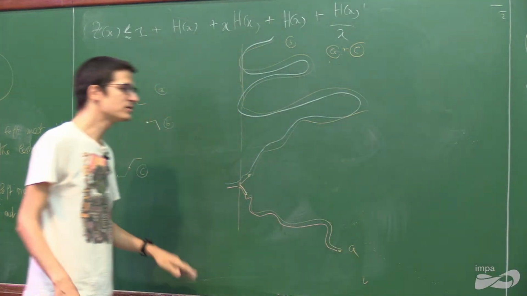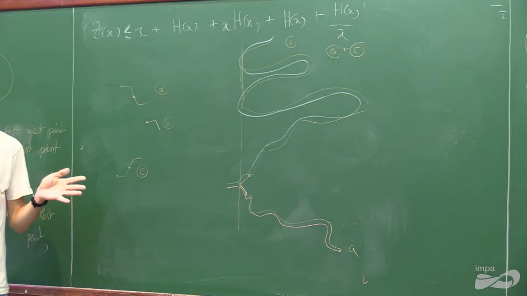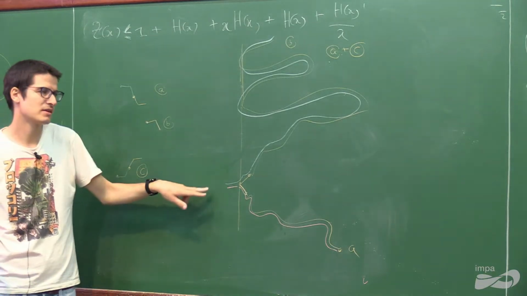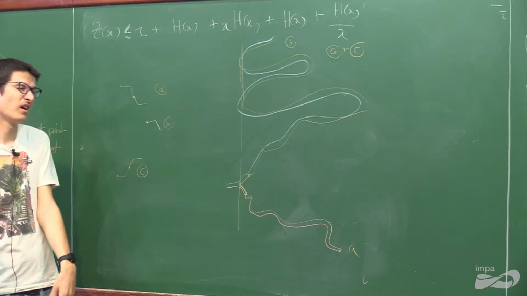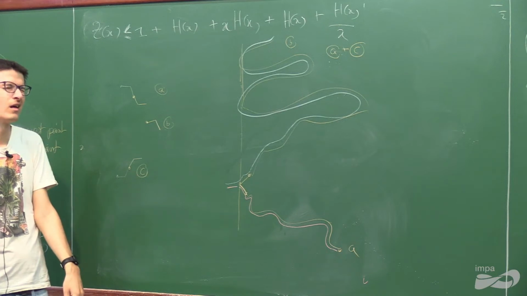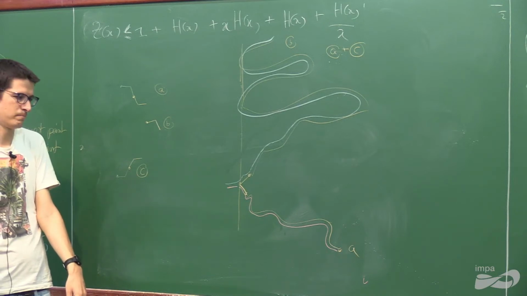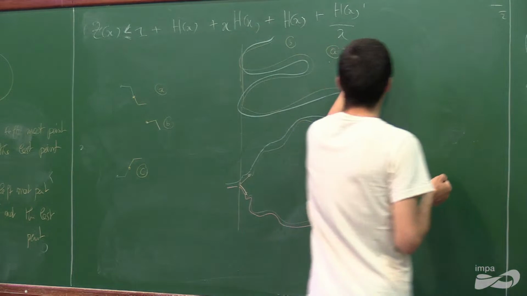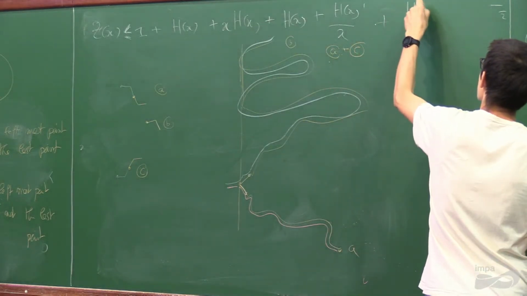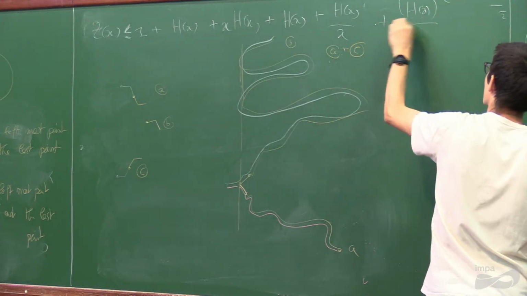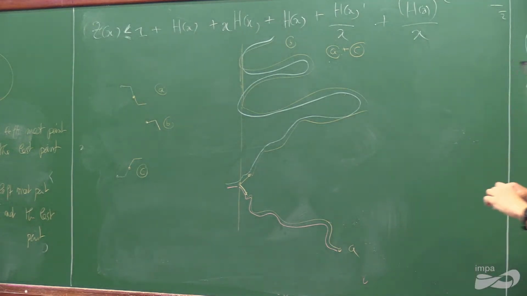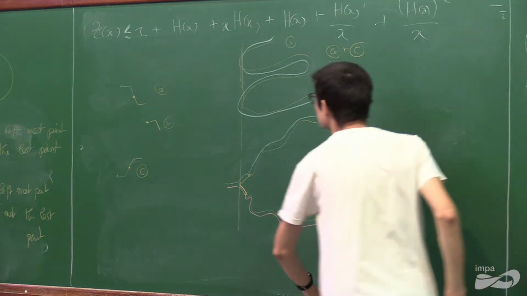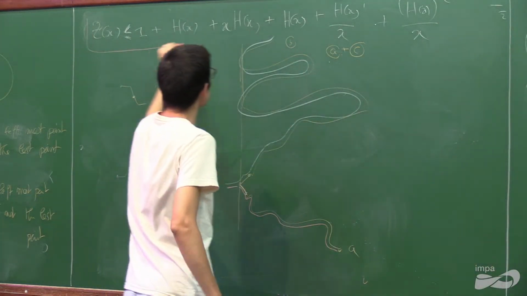These two things are half-plane walks, and if you take the sum of their lengths, you get the length of the orange path plus 1. So this gives you hx squared over x as a contribution. I'm really grossly overcounting.